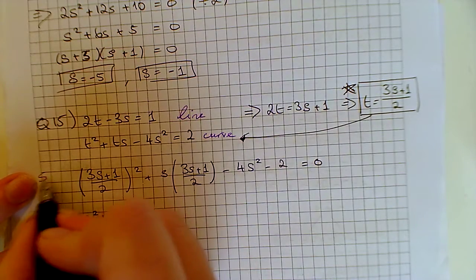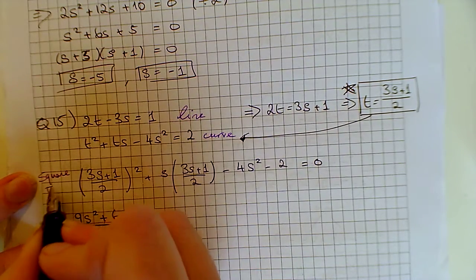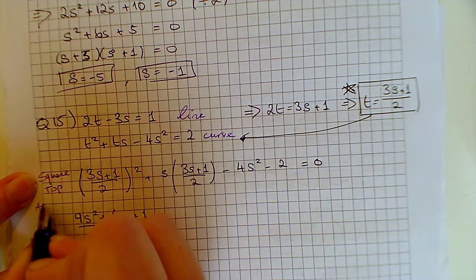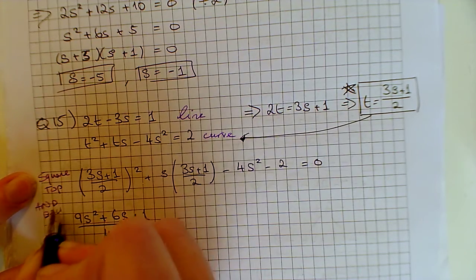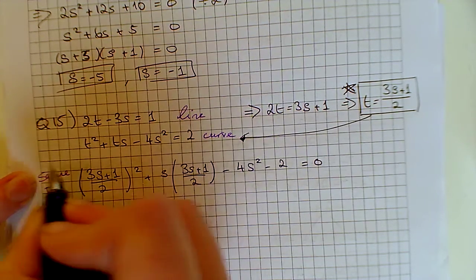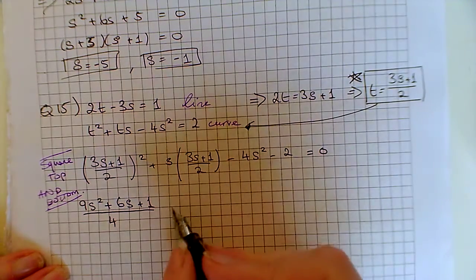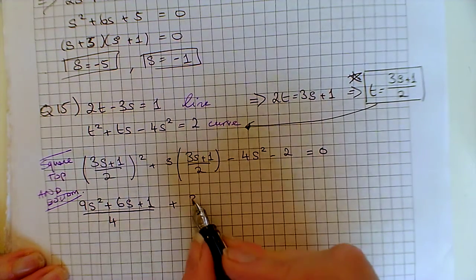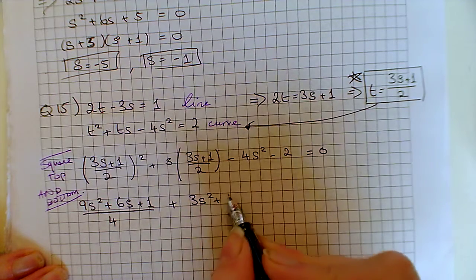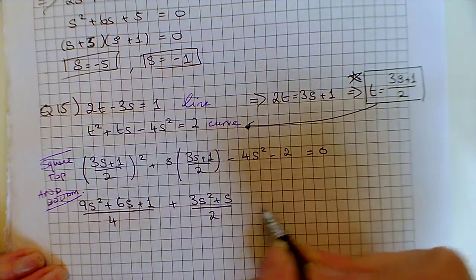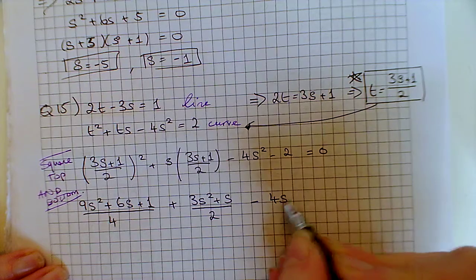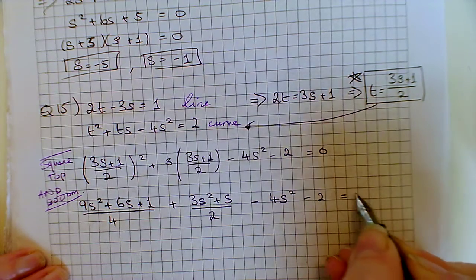So you must square the top and the bottom of a fraction. That's from our laws of indices from junior cert. Plus here I get (3s squared plus s) all over 2, minus 4s squared, minus 2 equal to 0.